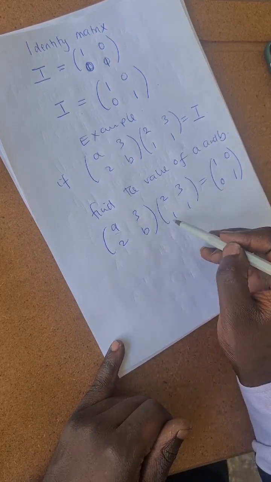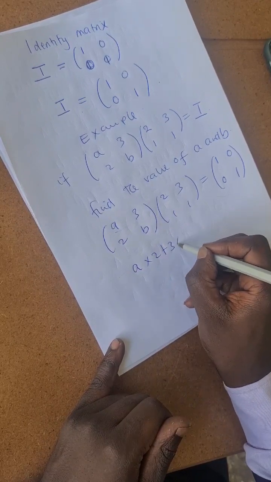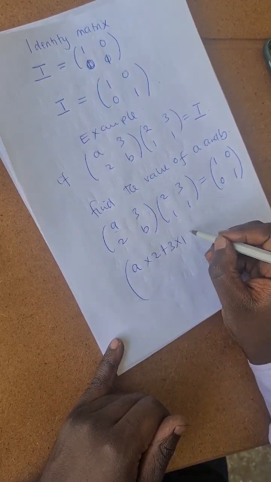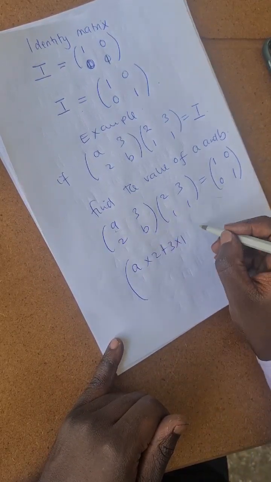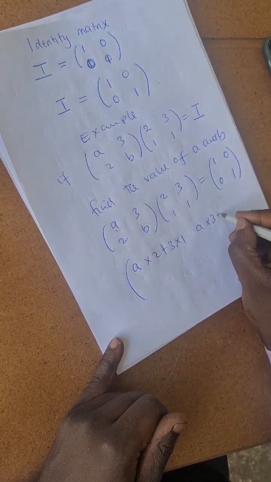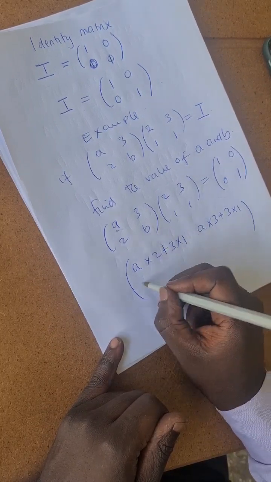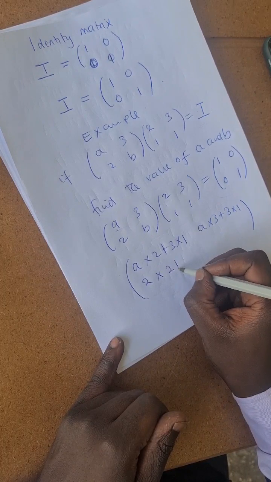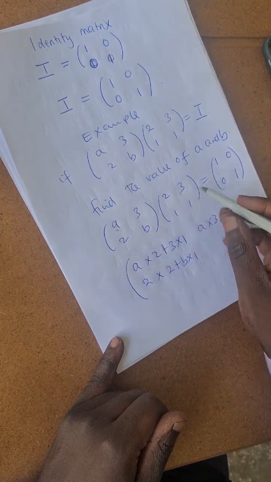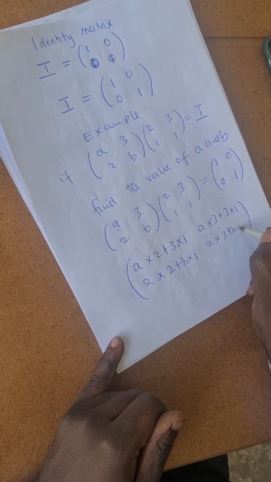Since we're multiplying, we say row by column here. So A times 2 plus 3 times 1. The other one is A times 3 plus 3 times 1. This one is going to be 2 by 2 plus B times 1. The other one is going to be 2 by 3 plus B times 1.